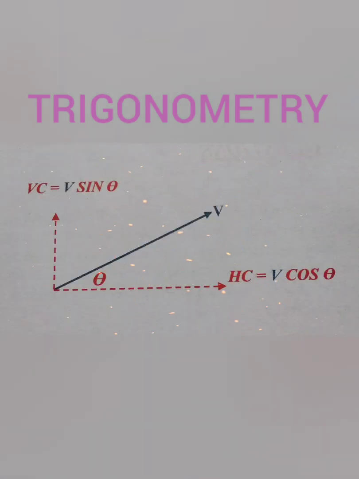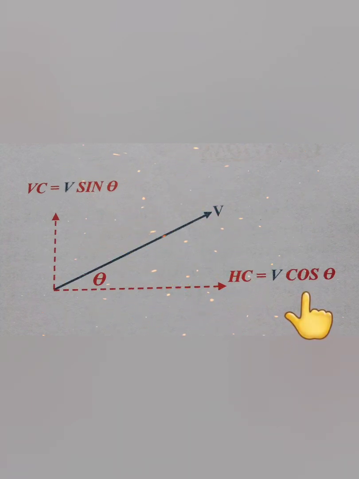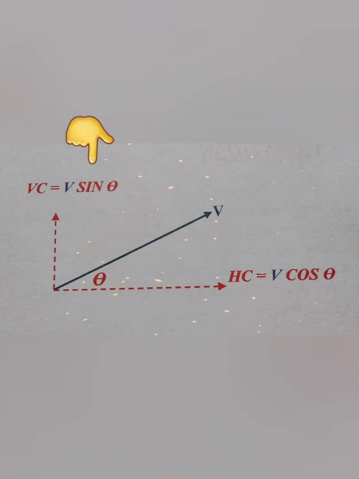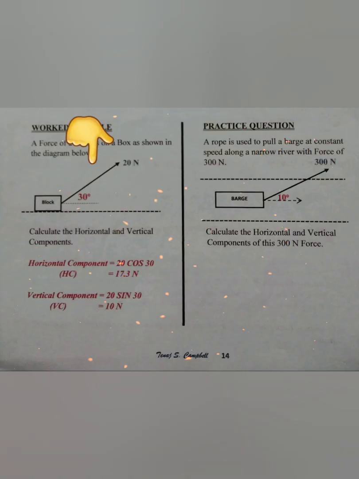From this particular vector diagram, we see that whenever the angle is between the vector and the component being considered, you use cos. That is, the horizontal component is equal to v cos theta. But whenever the angle is not between the vector and the component being considered, you use sine. That is, the vertical component is equal to v sine theta.